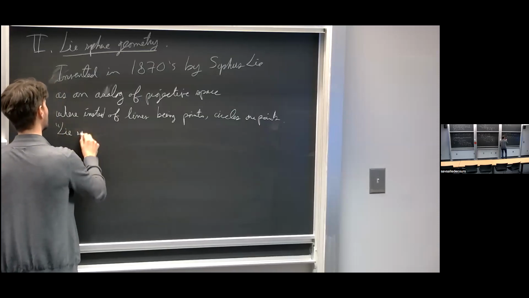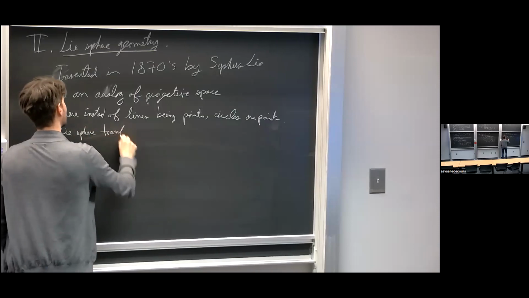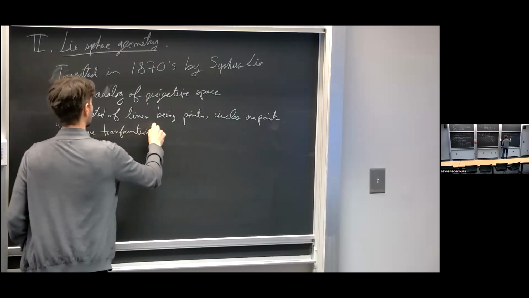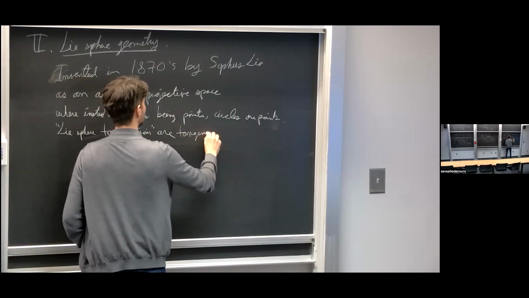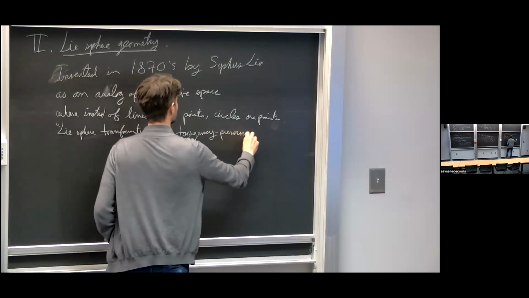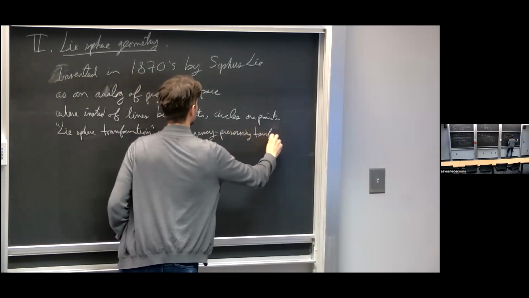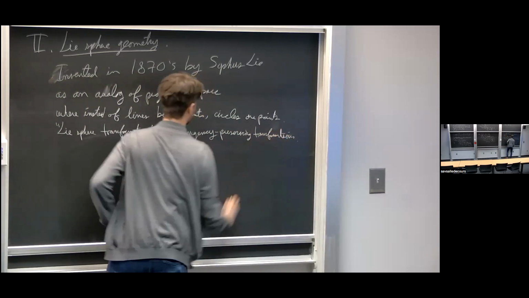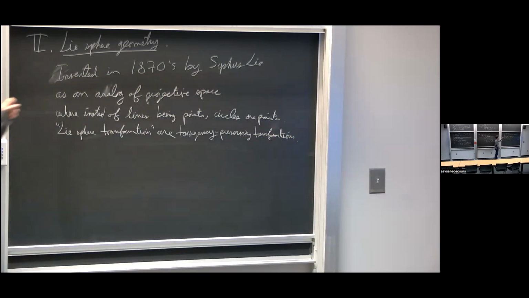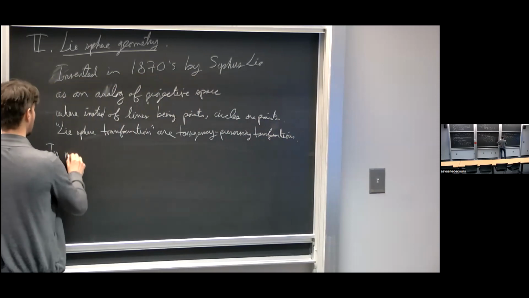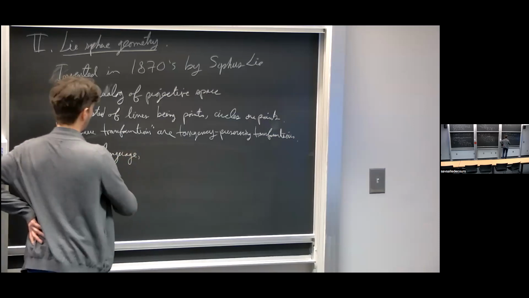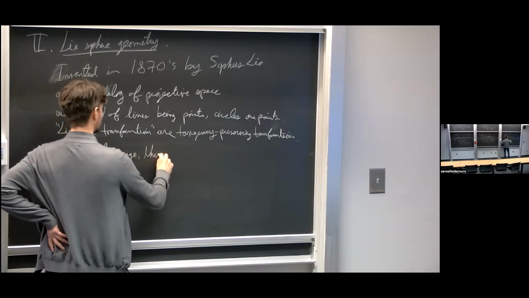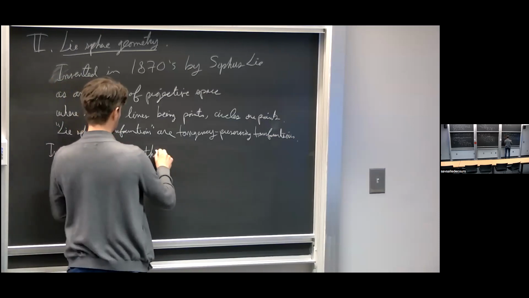The sphere transformations are tangency preserving transformations. So in modern language, this is a homogeneous space of the group O(n+1, 2).